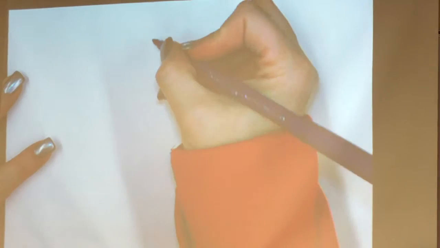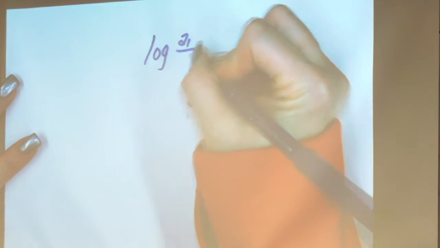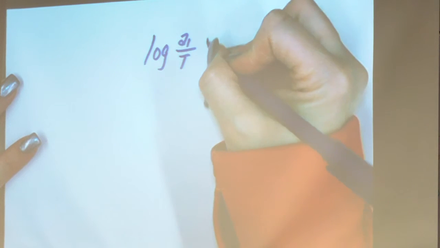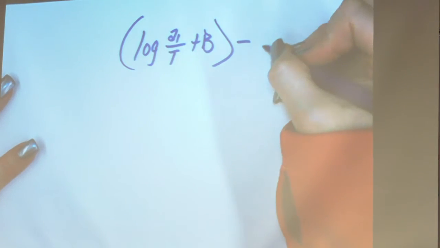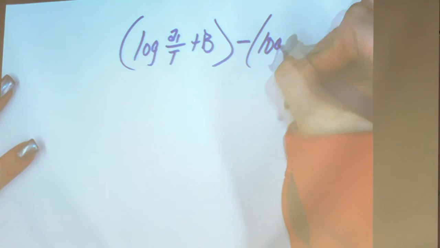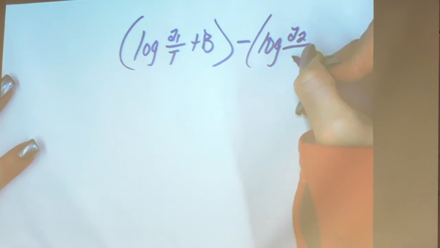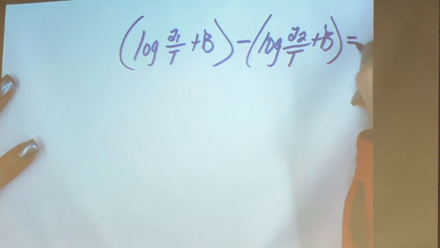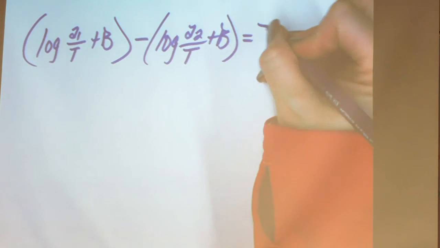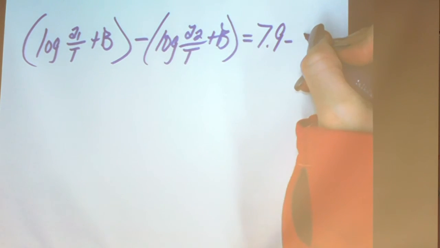And so the way we're going to write it is log a1 over t plus b subtract log a2 over t plus b, and that will equal our 7.9 subtract 5.9.